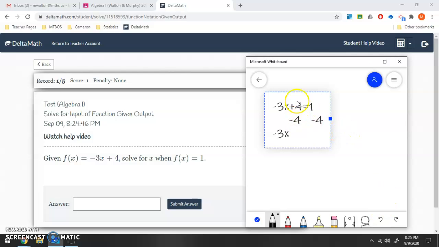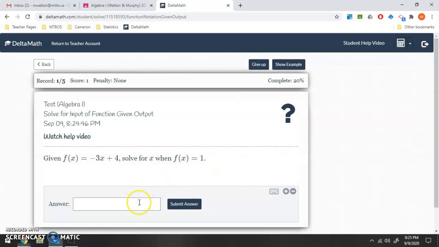Positive 4 and negative 4 cancel to 0. 1 minus 4 is equal to negative 3. And then finally, if I divide both sides by negative 3, negative 3 divided by negative 3 is 1. So the input that gives me an output of 1 is 1.